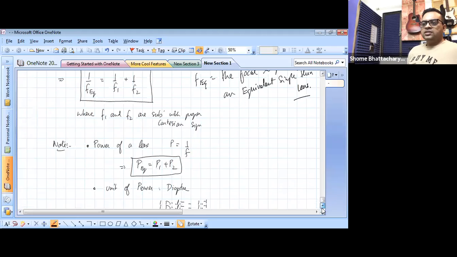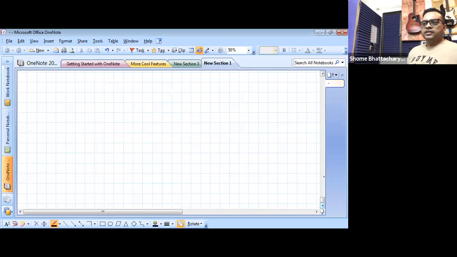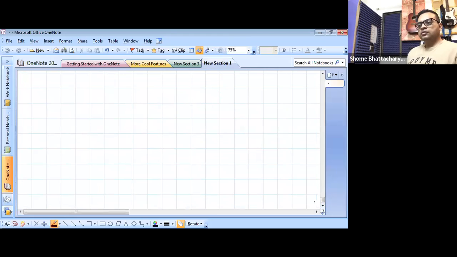Okay, so this is a very typical type of question at the JEE level based on this. So let's see an example. So in our next example, what we have is this kind of thing.